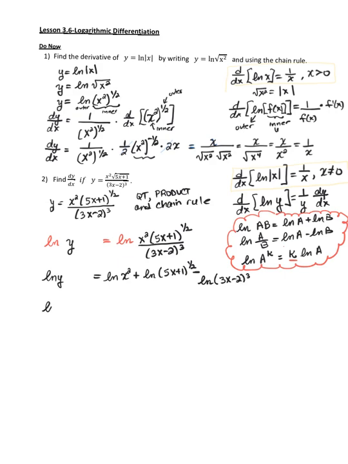Okay, and then of course, we could bring those exponents in the front of the natural log. And now we differentiate both sides with respect to x, just like we do for implicit differentiation.